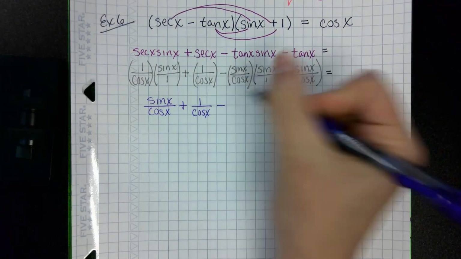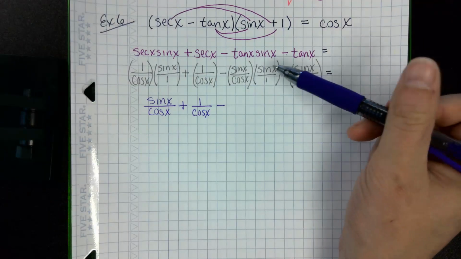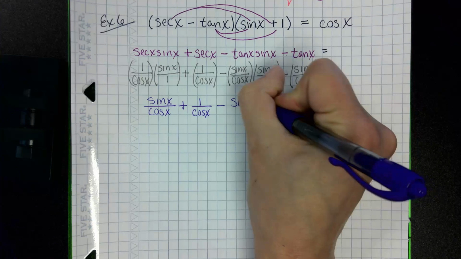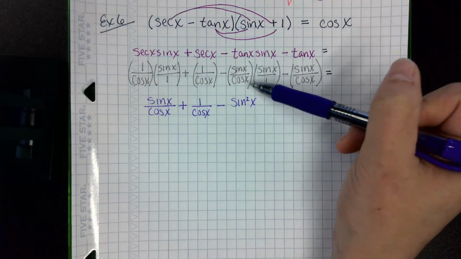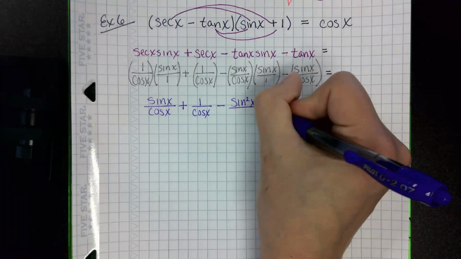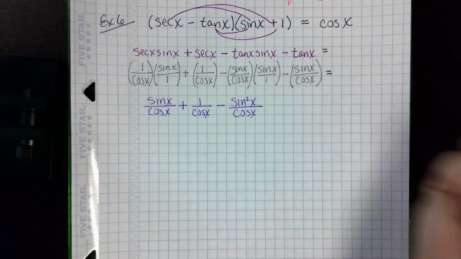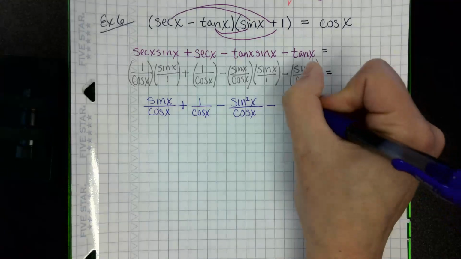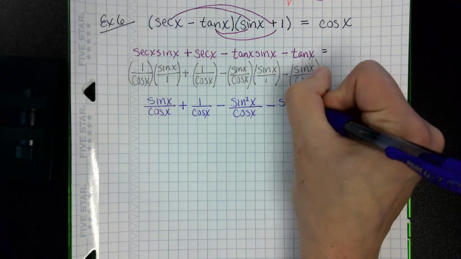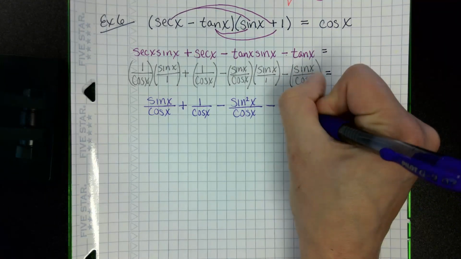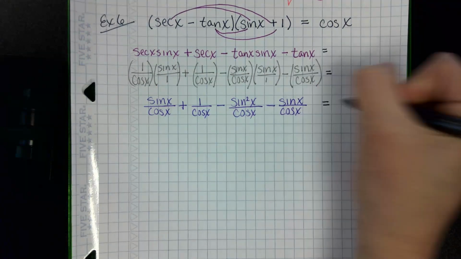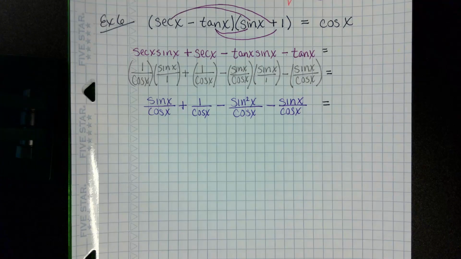Minus. I have two fractions multiplied together, so on top it's sine times sine, so that's sine squared. On the bottom I have cosine times 1. So that's cosine. Minus, stays a minus sign. And then I'm not doing anything with that one because it's a single fraction. And it equals whatever's on the right. Okay, that looks better.